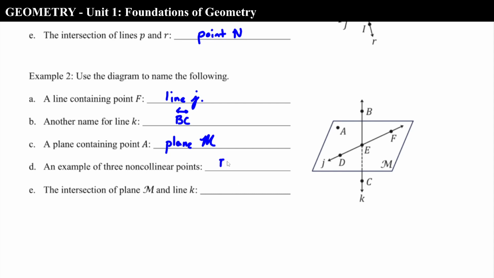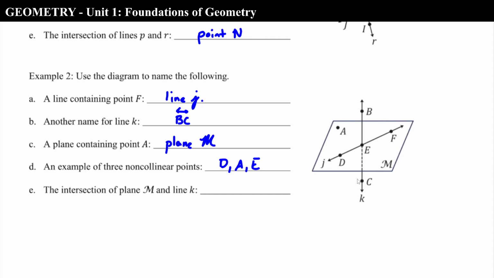So I'm going to say D, A, and E. You could have also said D, A, and B. You could have said D, F, and C. You could not say D, E, and F, and you could not say B, E, and C. Any other combination of 3 points is fine. You just can't do D, E, F, or B, E, C, because those are examples of collinear points.